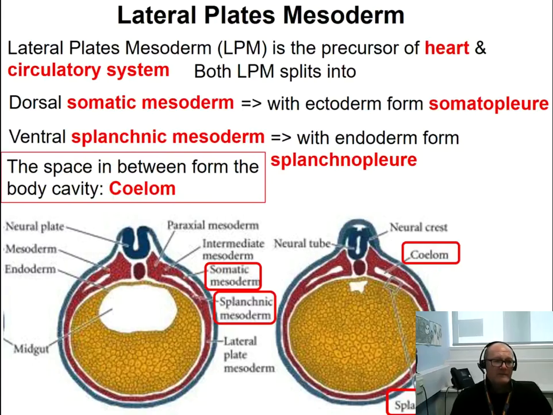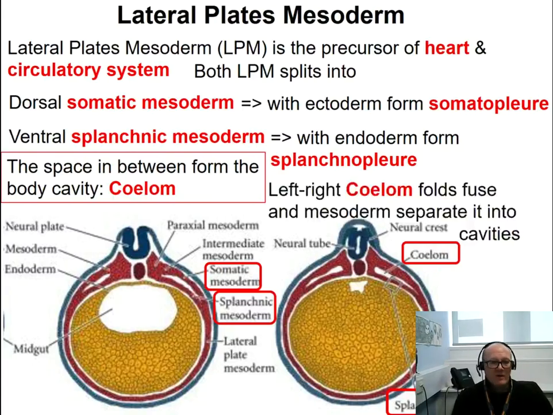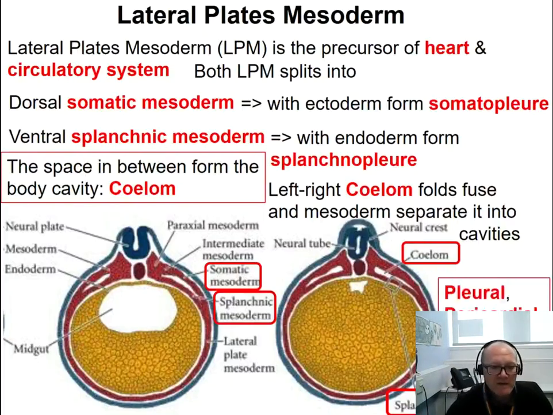In fact, the left and right coelom at one point during development fuse together and form a single cavity, not separated in left and right, and this single cavity is then separated in three by the somatic mesoderm. So the somatic mesoderm proliferates and separates the coelom in three regions, or three cavities, called the pleural, the pericardial, and the peritoneal cavity.